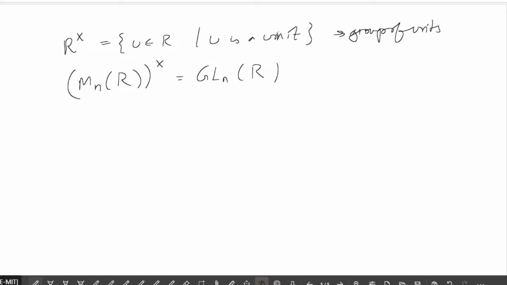That's not it. Suppose R is, say, Z4. When you take a matrix A equal to this, is it invertible over Z4?